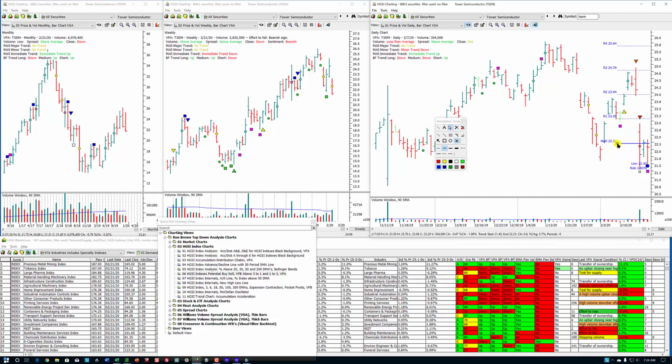And then if you want to adjust this to another place, let's say that I want to risk 3.37%, so I'd have to buy it immediately. This really is not a good chart example, but that's just another tool that we have in HGSI. Matt put that in for me several months ago.